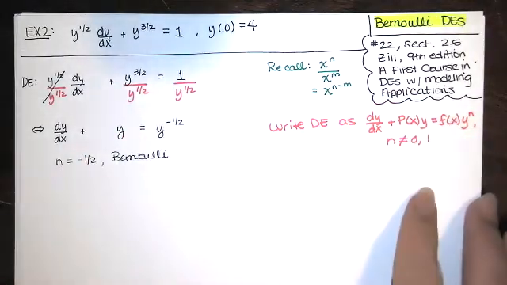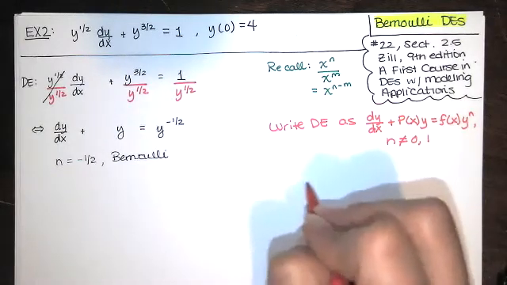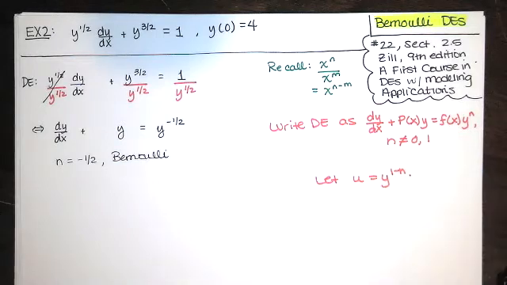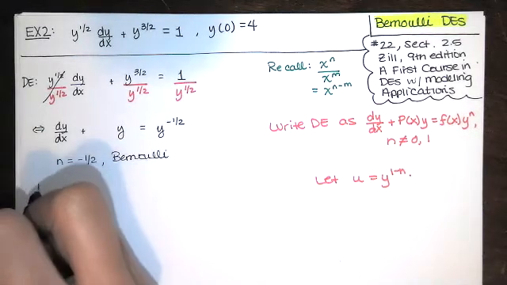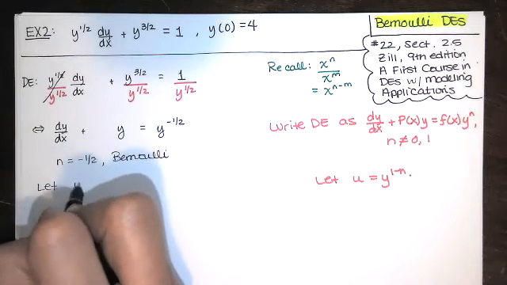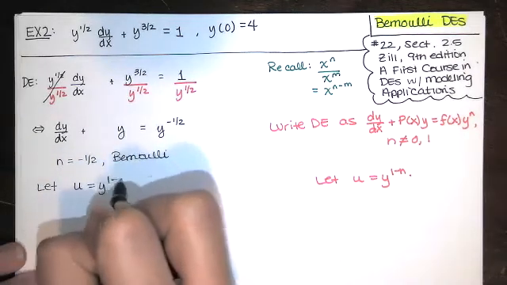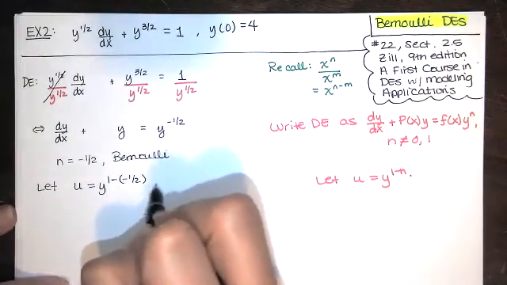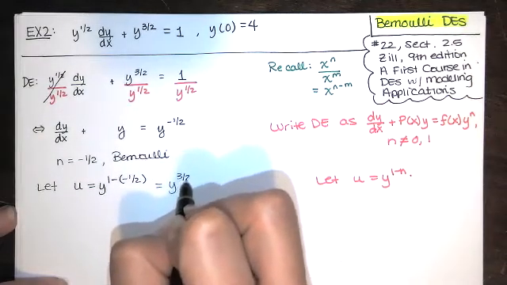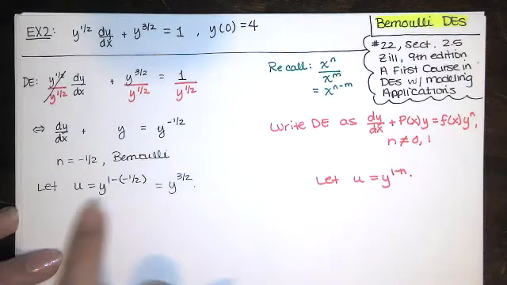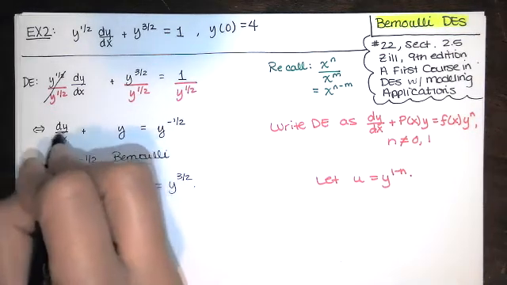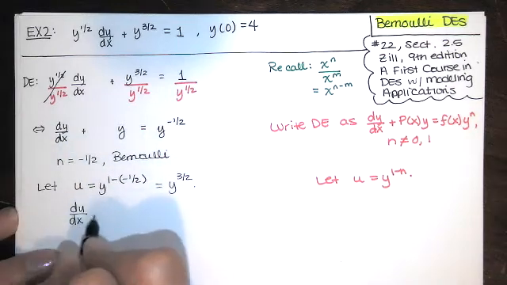And then after we have done this, we let u equal y to the 1 minus n. That's how we solve Bernoulli equations. Bernoulli said, if you let u equal y to the 1 minus n, and n in this case is negative 1/2, so we have 1 minus a negative 1/2, or 1 plus 1/2. That's y to the 3/2. And then we compute the derivative of u with respect to the original independent variable, which is x.